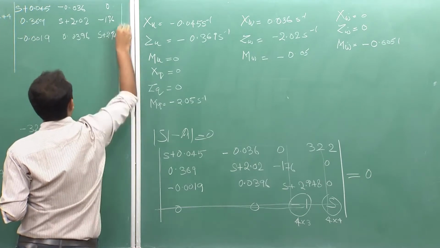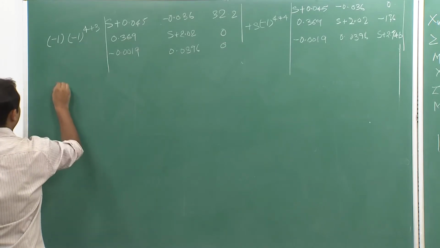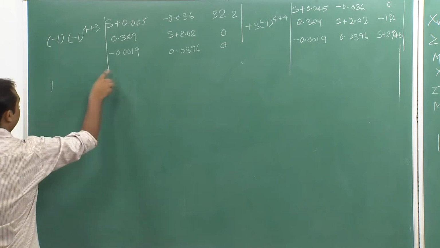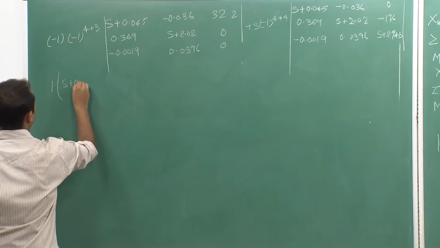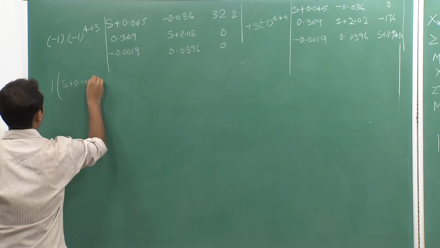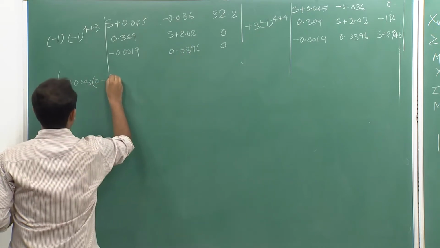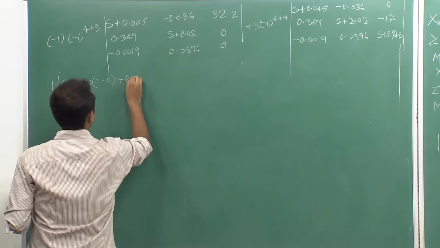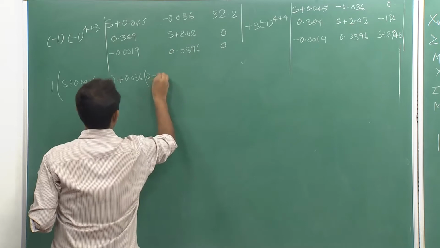Now for solving this equation we will get this will be minus 1, so it will be 1, and determinant of this submatrix will be S plus 0.045 into this, eliminating 0 into 0, 0 minus 0, minus of minus, that will be plus 0.036, and eliminating there is 0 minus 0.